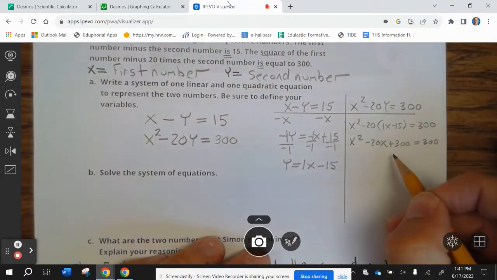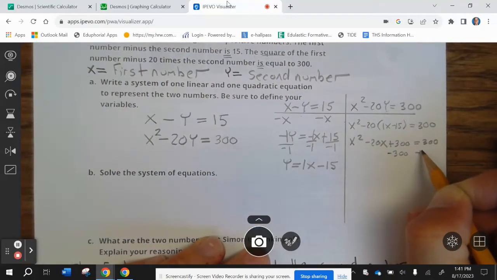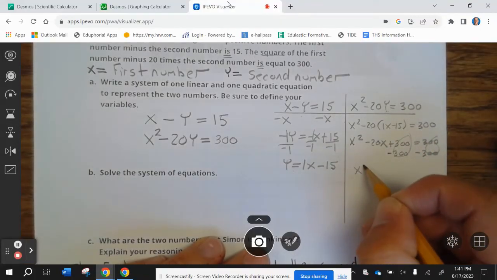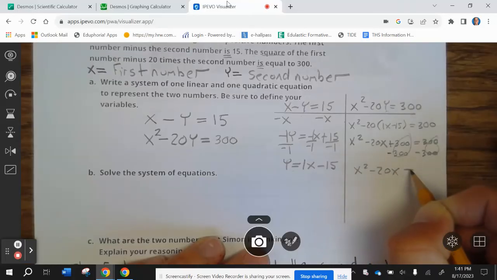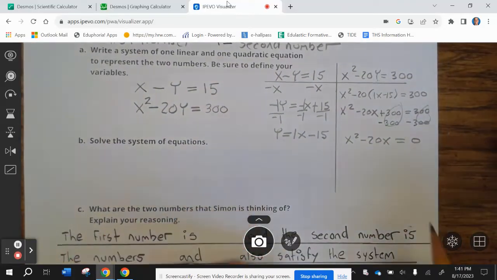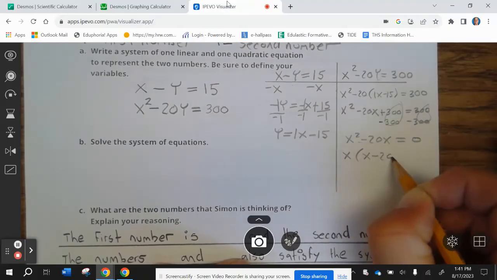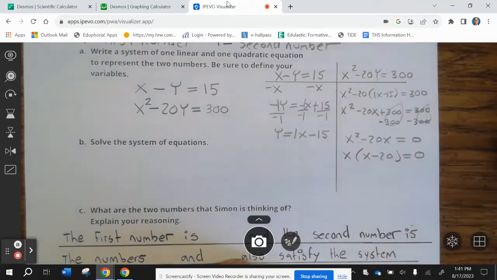Now we can subtract 300 from both sides. That becomes 0, that becomes 0. You get x squared minus 20x equals 0. We can factor an x out from both, so that leaves x times (x minus 20) equals 0.